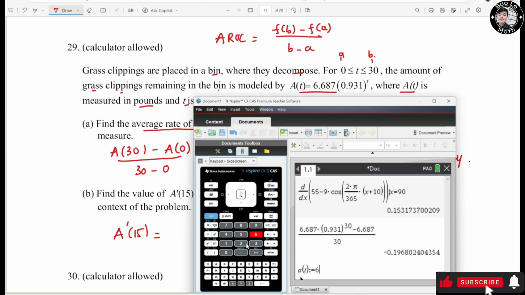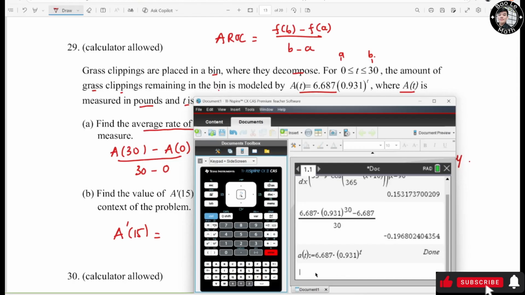It's going to be 6.687 times 0.931 raised to the t, and then press enter.